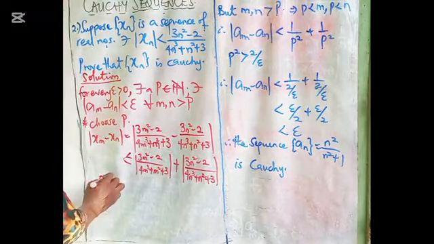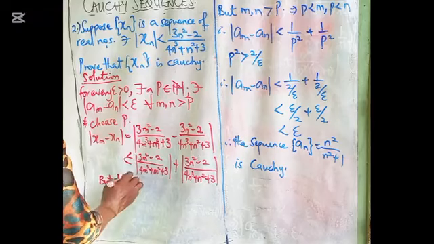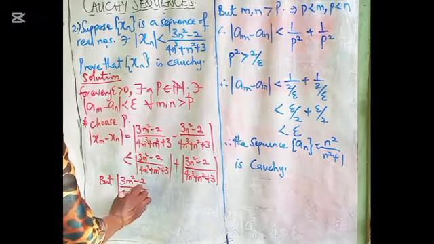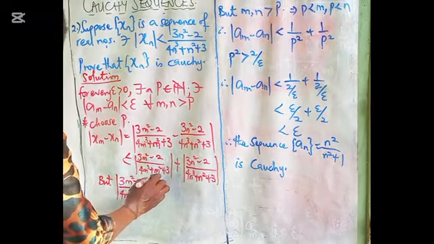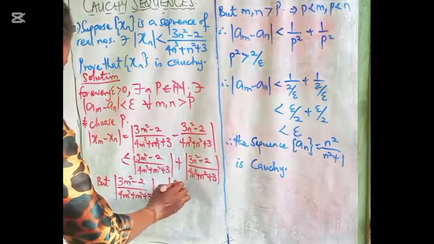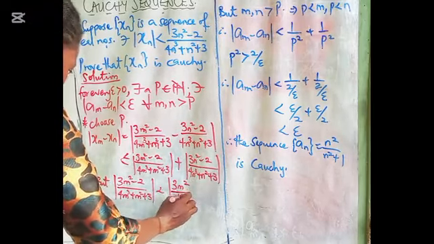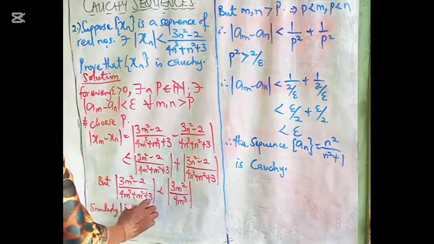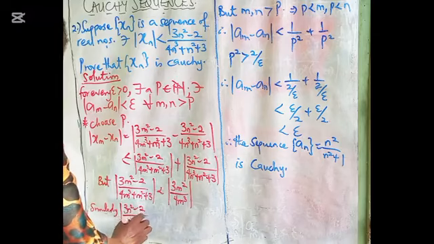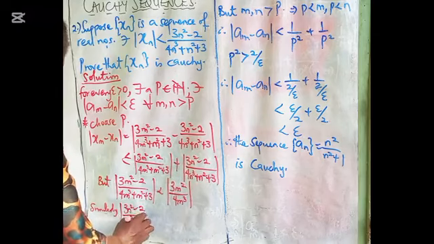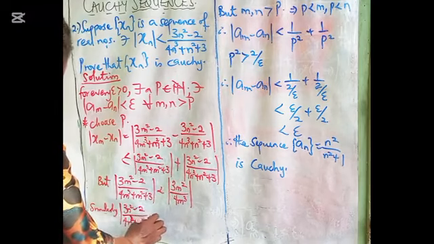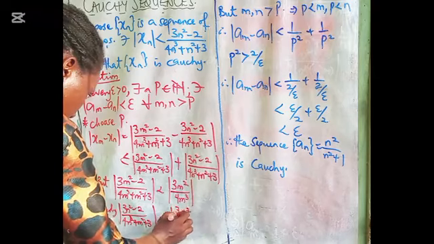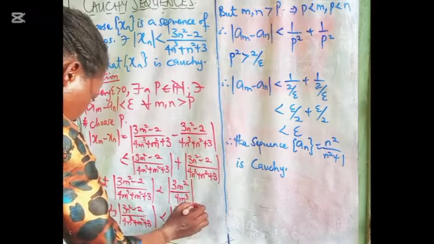But we know that 3m squared minus 2 over 4m cubed plus m squared plus 3 will be less than 3m squared over 4m cubed. And similarly, 3n squared minus 2 over 4n cubed plus n squared plus 3 will be less than 3n squared over 4n cubed.